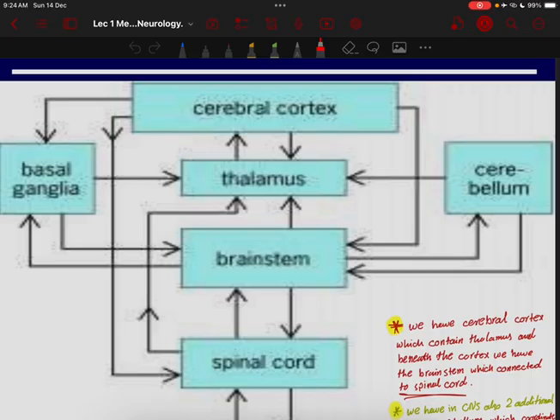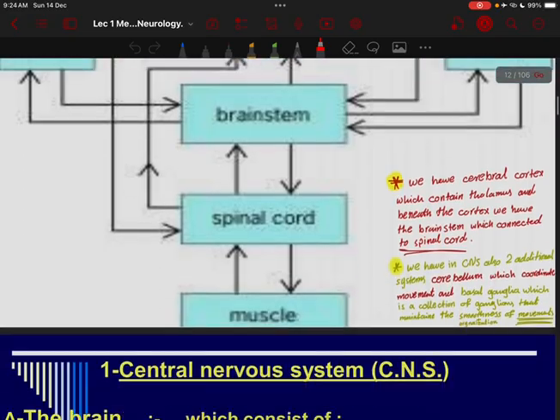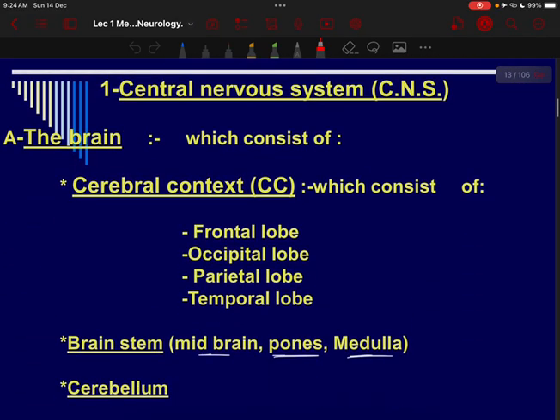Okay. Now, if we go into details, to make it easy for us, we divide the nervous system into a central nervous system and a peripheral nervous system. The central nervous system consists of, number one, the brain. And the brain, or cerebral cortex, has 4 lobes: frontal, occipital, parietal, temporal.